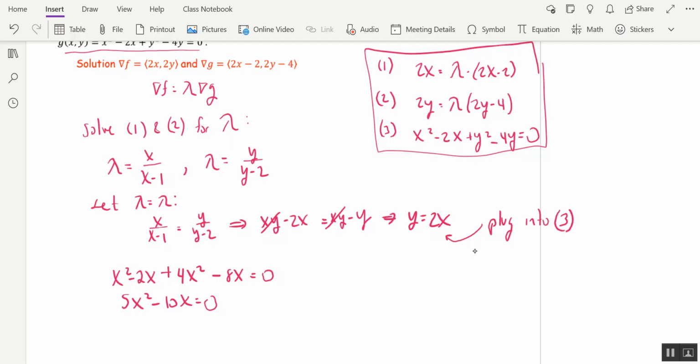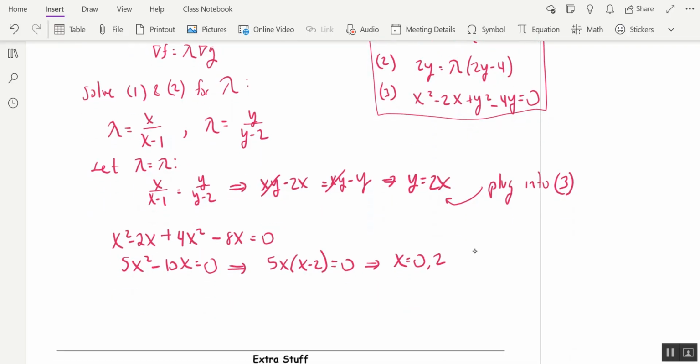Let's factor out a 5x. 5x times (x minus 2) is 0. So x equals 0 and 2. All right, so how do we get y? We're going to go back up here. y is 2x. So the solutions are x is 0, and then y is 2 times 0, which would be 0, and x is 2, and y would be 4.